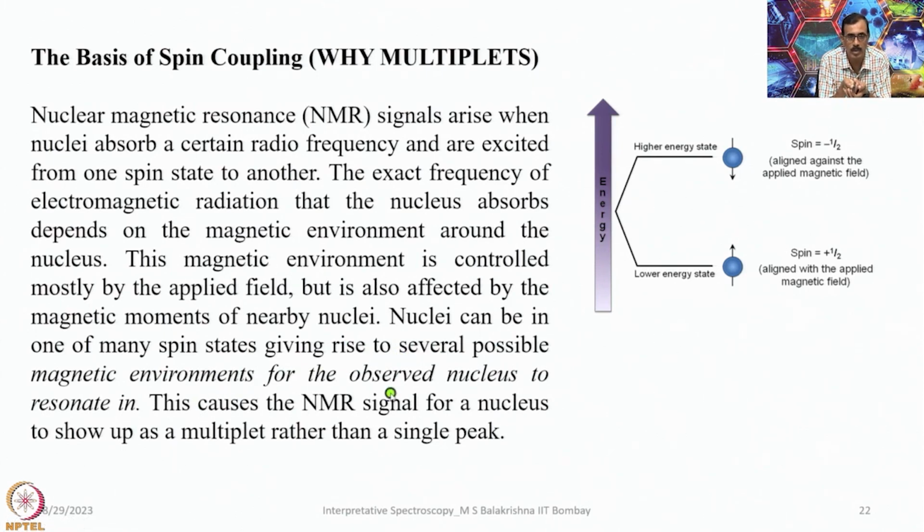This causes the NMR signal for a nucleus to show up as a multiplet rather than a single peak. Because of the interference of the magnetic field generated by neighboring nuclei, the signals are split into multiplets, 1, 2, 3 or 4, depending upon the magnitude of the field and also the number of such nuclei generating the induced magnetic field.